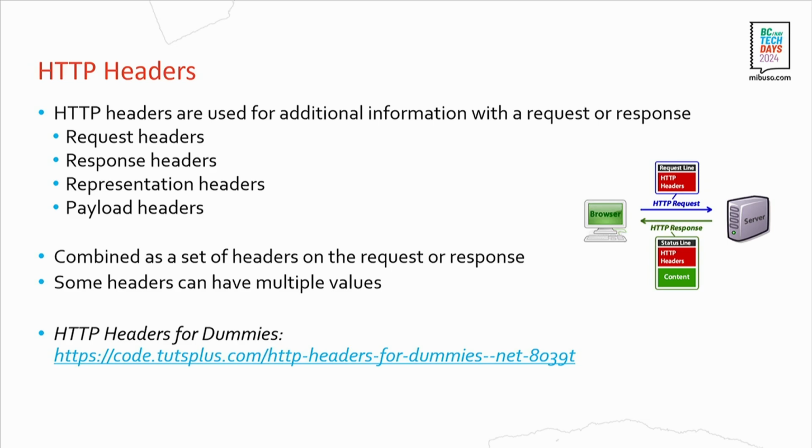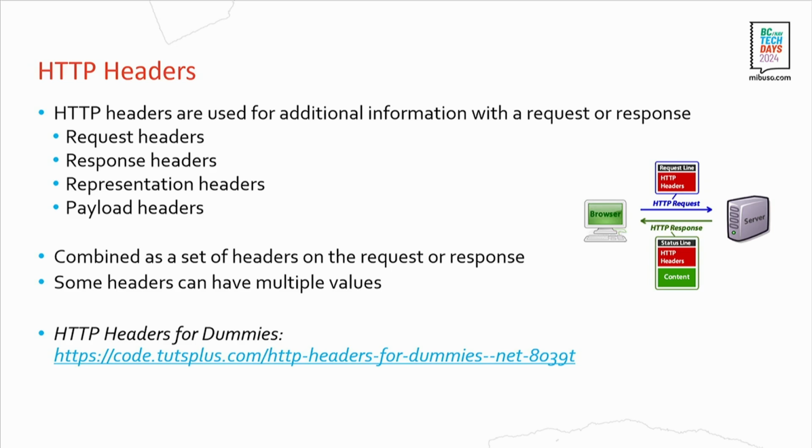That's actually the official naming from the official definition of headers. I will come to that, of course, I'll explain what is the difference and what are they used for, and you probably then say, oh, but representation headers is... No. You combine headers, or you have that as a set of headers on a request or a response.